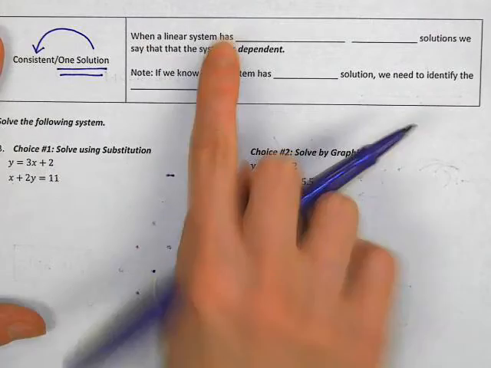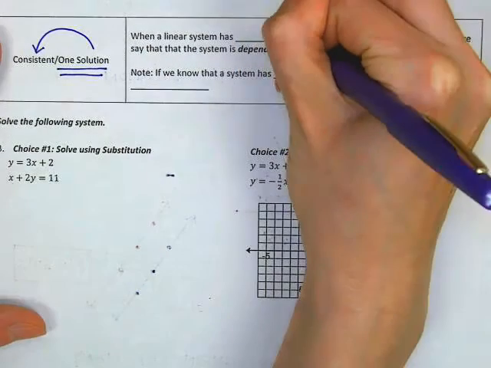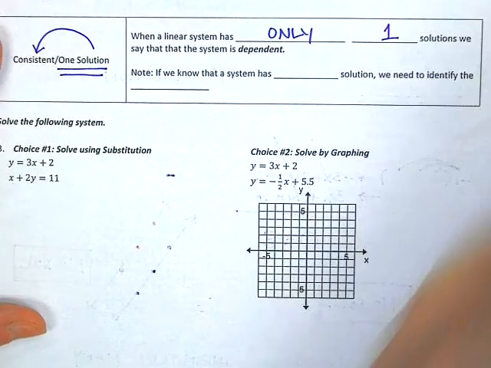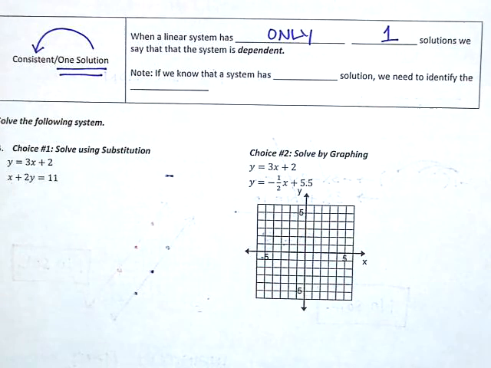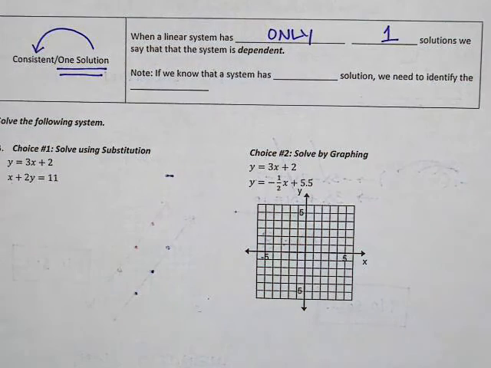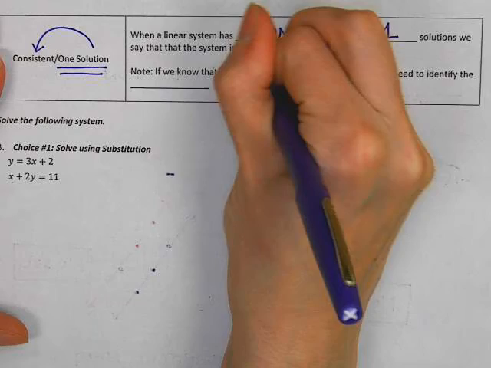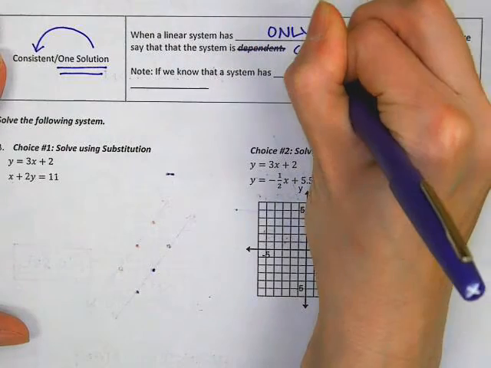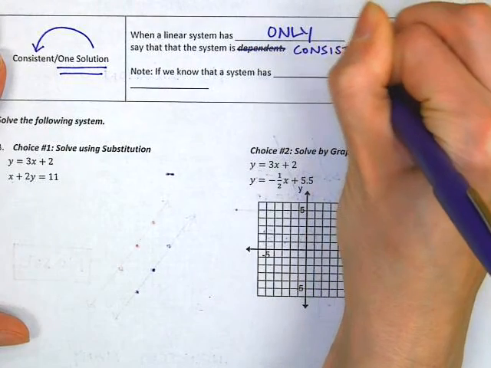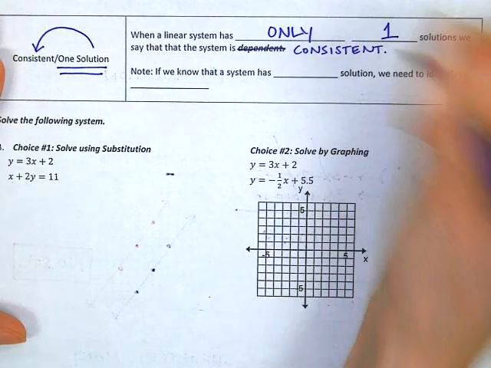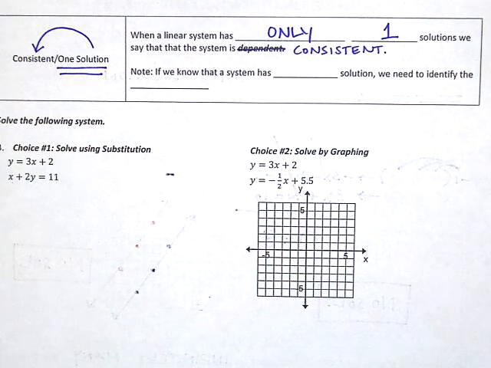So when a linear system has only one solution, we say that it is, I'm sorry, this should say consistent. When there's only one solution, we say the system is consistent.